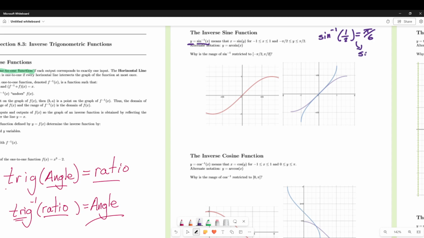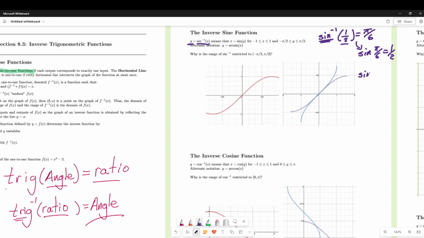That means that the sine of pi over 6 had better equal 1/2, and indeed it does. So that's really all that the sine inverse is asking. It's asking, what angle does sine use to output a 1/2? Essentially, the sine of what is 1/2? Well, the sine of pi over 6 is 1/2.